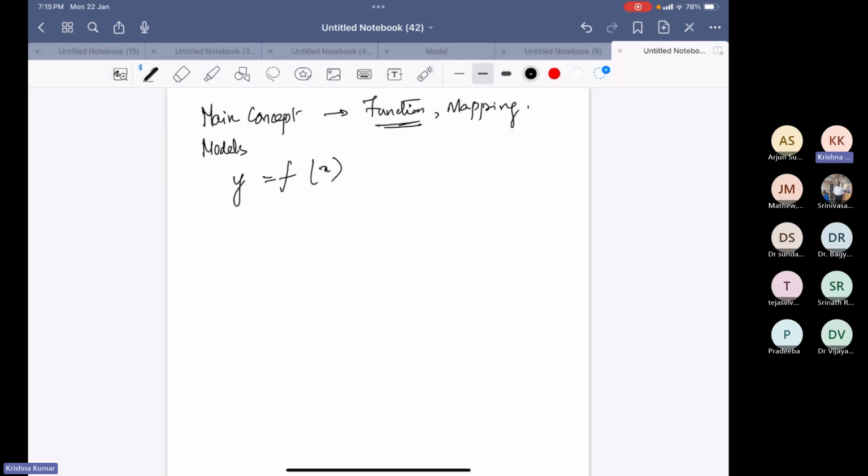One is x, the other is y. Both x and y are variables, and x we call an independent variable. So x is an independent variable. Y, which depends upon the value of x, is what is called the dependent variable.